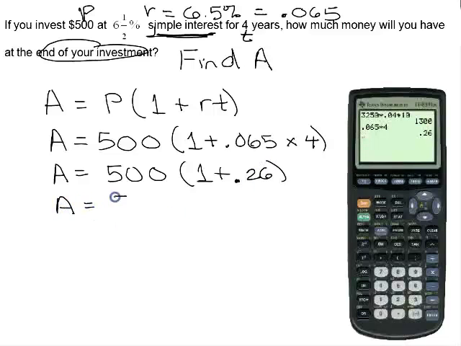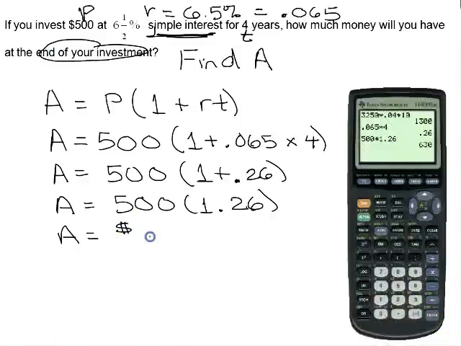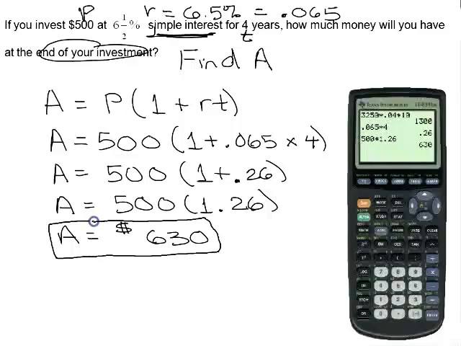So the amount will be 500 times 1.26, and 500 times 1.26 will be $630. At the end of the investment, we'll have $630. That's the $500 we invested plus the interest we earned.